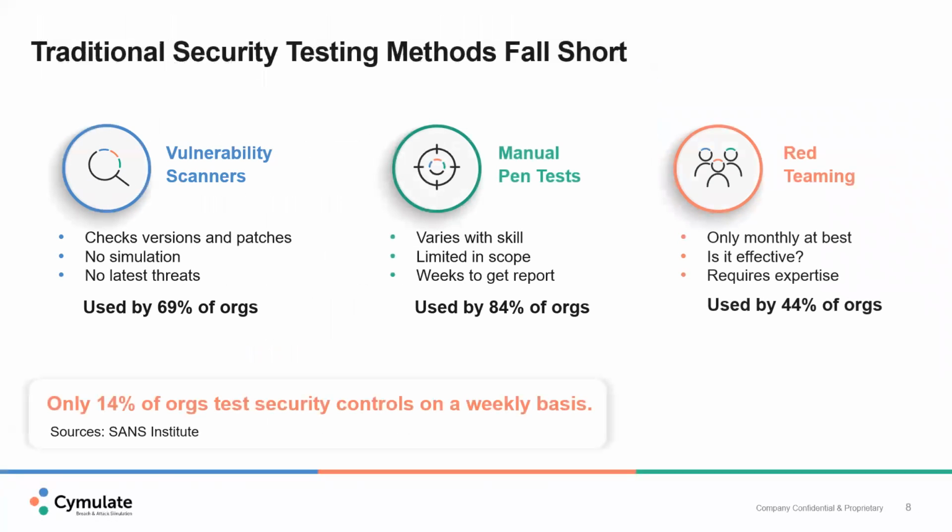So of course, we've touched on some of these things already, so I'm not going to labor the points. But we've all seen, and we probably all use vulnerability scanning tools, really important and very complementary to what Cymulate does. But ultimately, they're giving you a list of things, typically. They're giving you a list of CVEs and vulnerabilities that you are exposed to on your devices, your servers, your workstations, and so on.